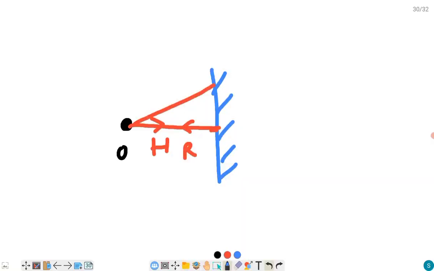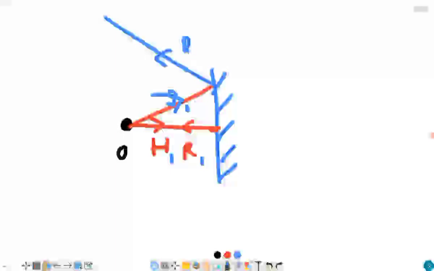Then how will the reflected ray be? Like this, correct? This is I2. Let us take this as I1 and this is R1. This is R2.